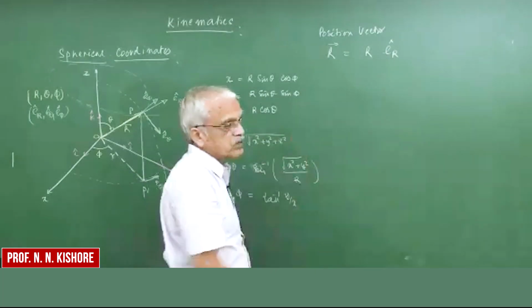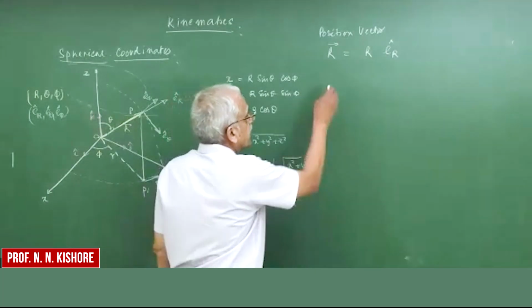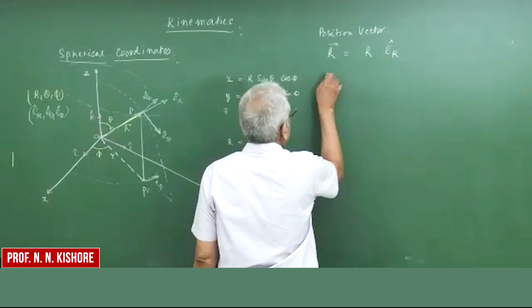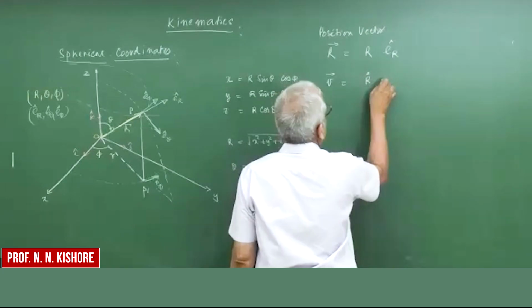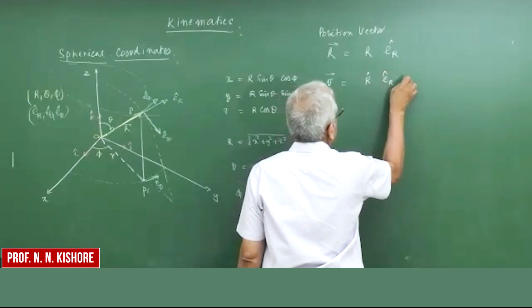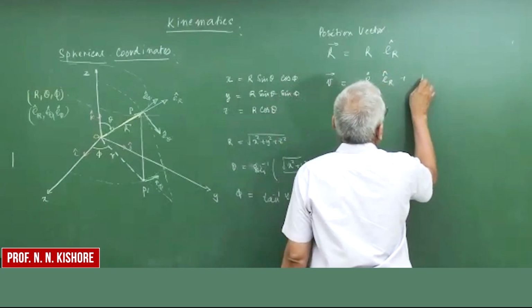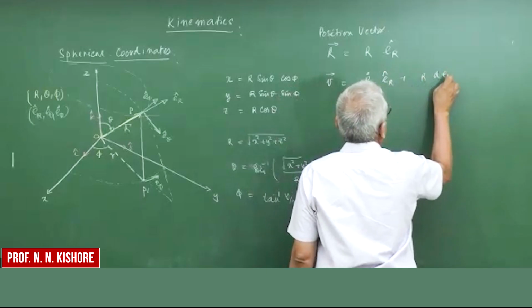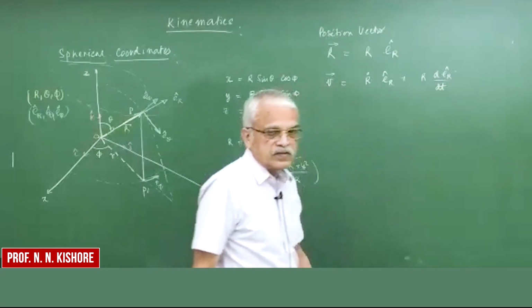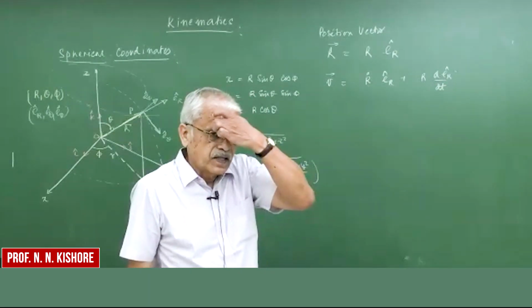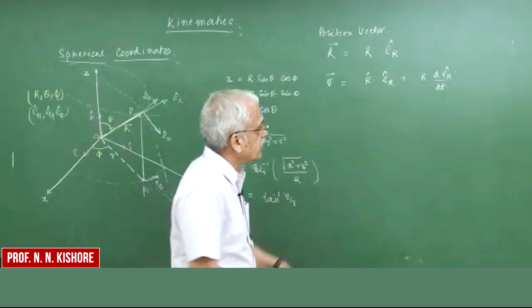If you want to take a time derivative of this one, so v is what? It's R dot e_r plus R times d e_r by dt. So this is the interesting point here. I can proceed further.